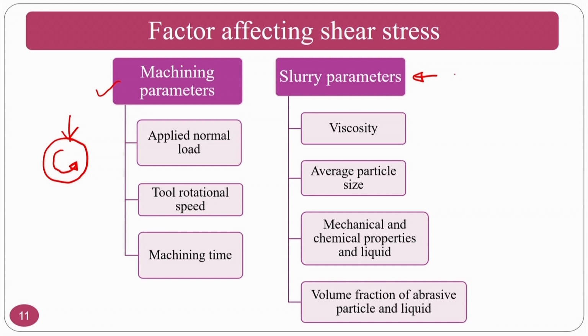At the same time, machining time, whether you are going to machine for 10 minutes or 10 hours, depends on your workpiece material condition and initial surface roughness. Your time, rotational speed and applied load will all vary. The slurry is nothing but abrasive particles, along with water or any other fluid.